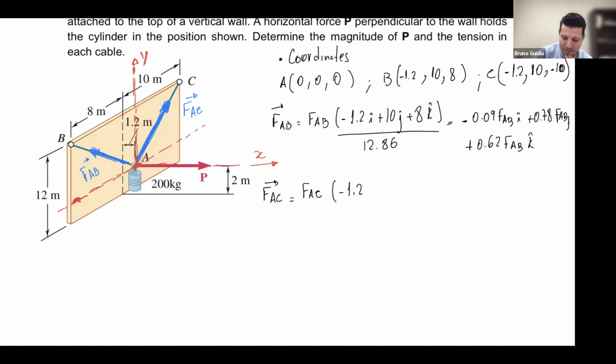C minus A. The square root of 1.2 squared plus 10 squared plus 10 squared, that is 14.19.